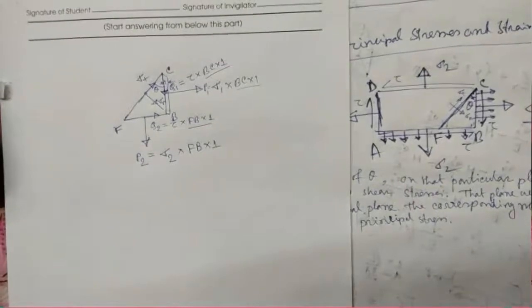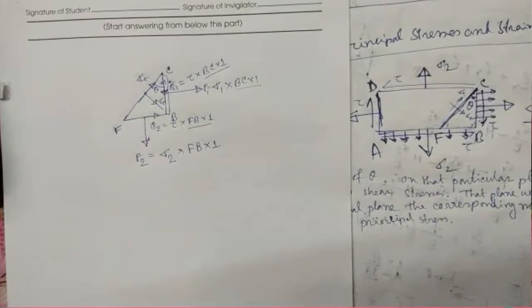So while we are working on this area we multiply by 1 so that we get the area for easiness. Is it clear now? P forces are for tensile stresses, and Q forces are for shear stresses.